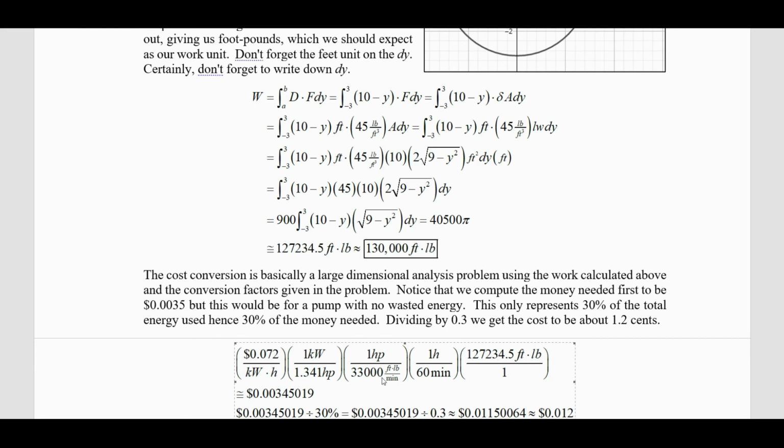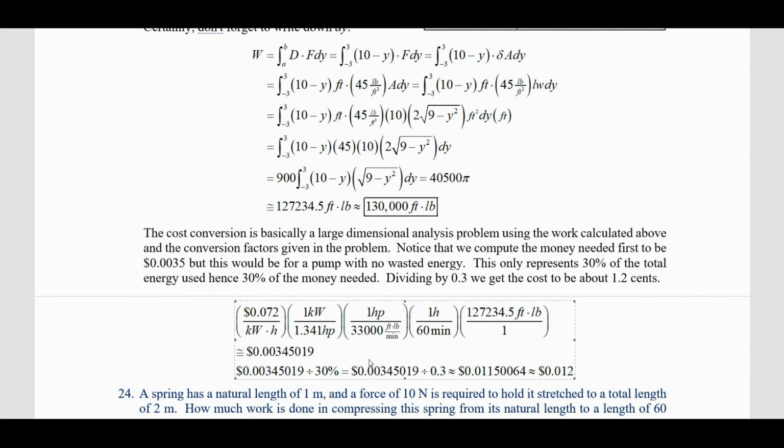Each one of these factors, well, the second, third, and fourth factor are equal to 1, and the first one is a conversion factor that was given, and the last one is what we actually had up here in the amount of work. Now that would be saying that it was 0.00345 dollars, but that would be assuming that there's no wasted energy.